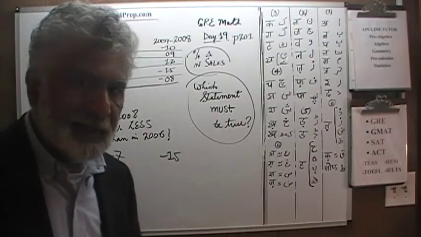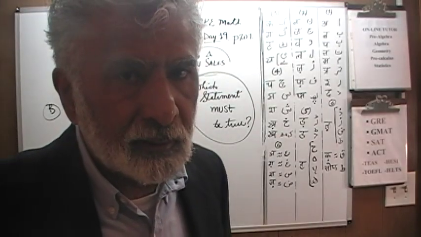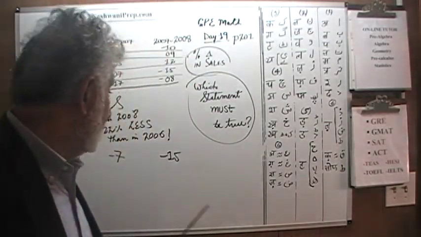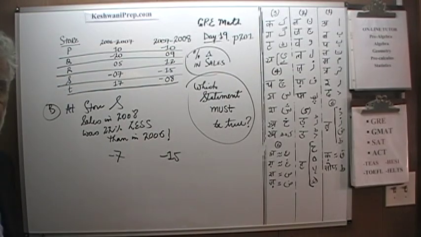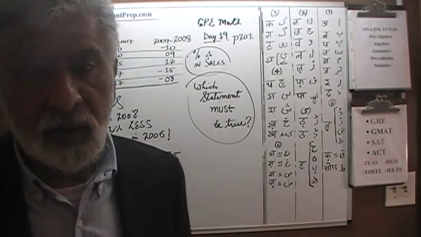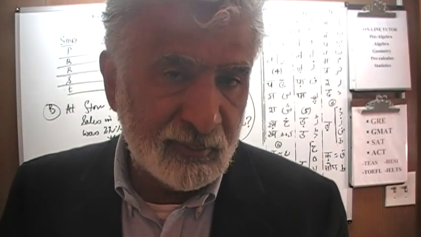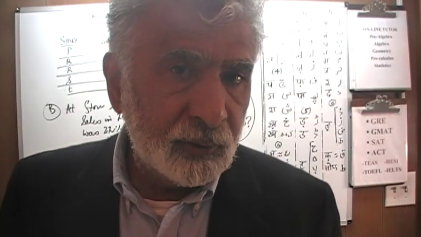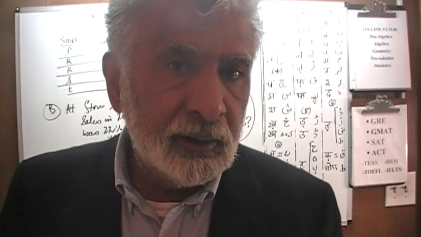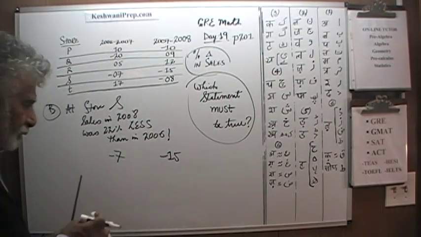What some people might end up doing, if they're not paying attention, is that they will say, well, it went down by 7%, then it went down by 15%. Obviously, it went down by 22%. No, that is not what we're dealing with. These are percentages, and each time you do the percentage for each period, the point of reference changes. Let's look at a very simple example.